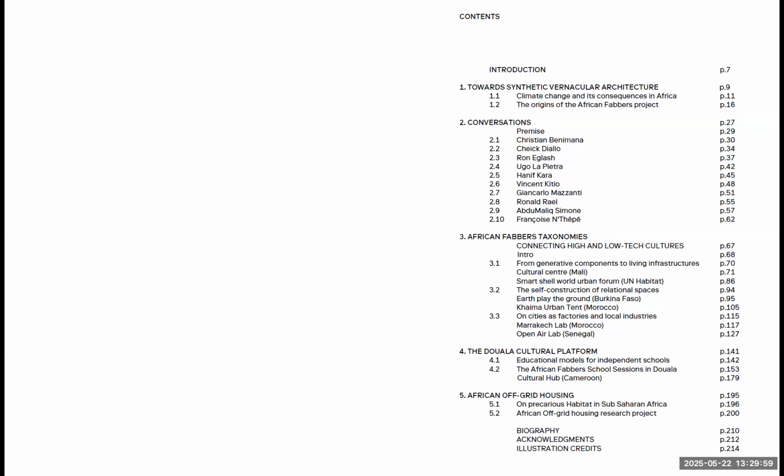The way we did it is basically outside the institutions for a long time. So I'm in academia since a long time, but the way African Fabbers started, as an itinerant school of architecture and ecological construction and urban ecology, was completely unacademic, completely independent, and completely autonomous for different reasons.